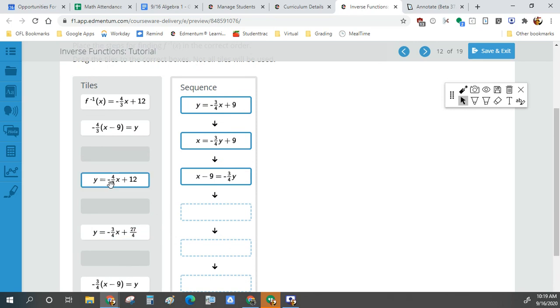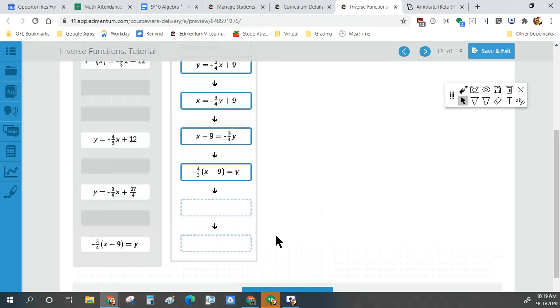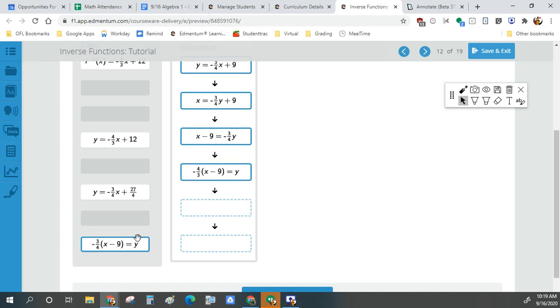So we're going to multiply this by the reciprocal. We flip it upside down. From here, we can supposedly end it, but they want us to actually distribute this. So if we distribute it, we end up getting -4x divided by 3.